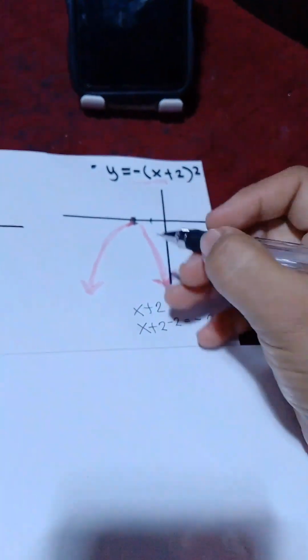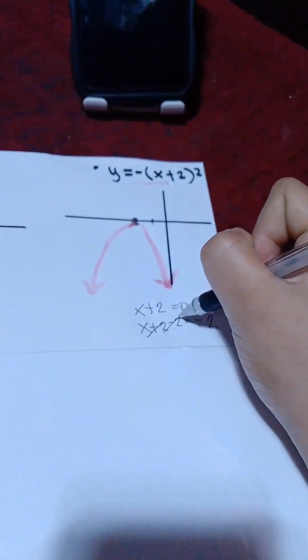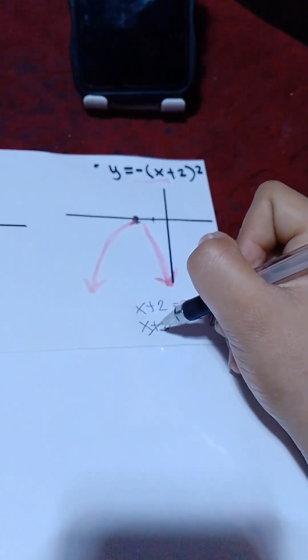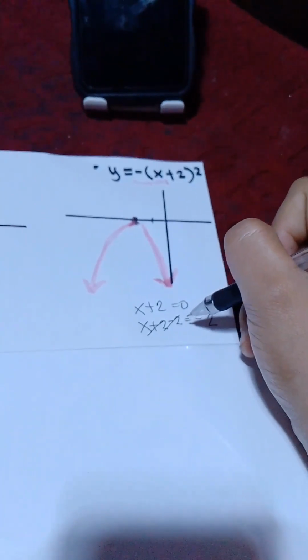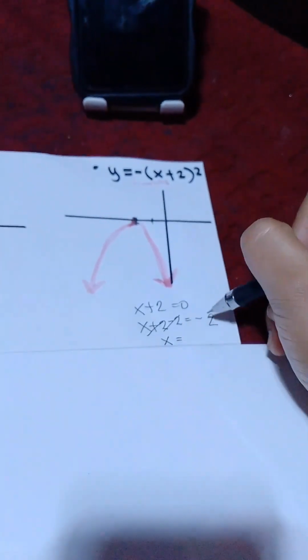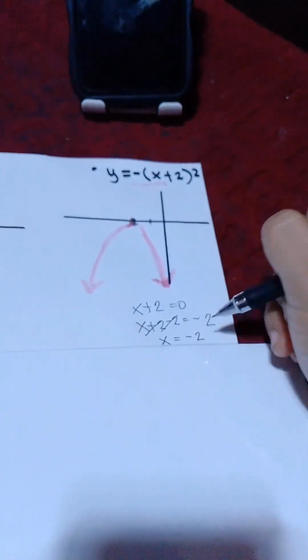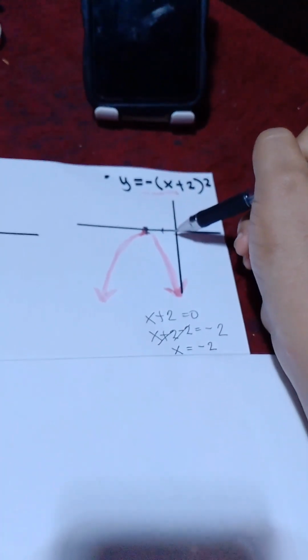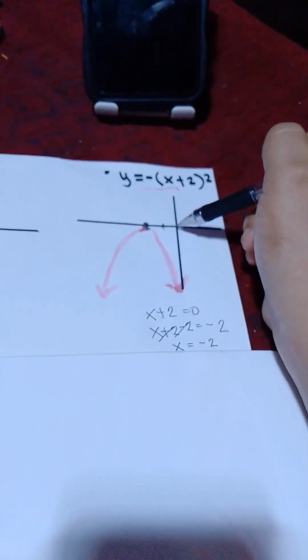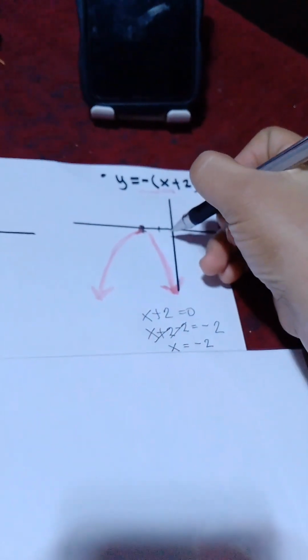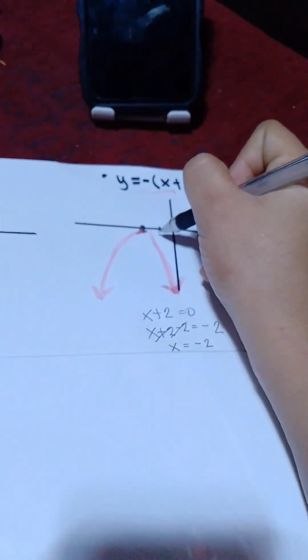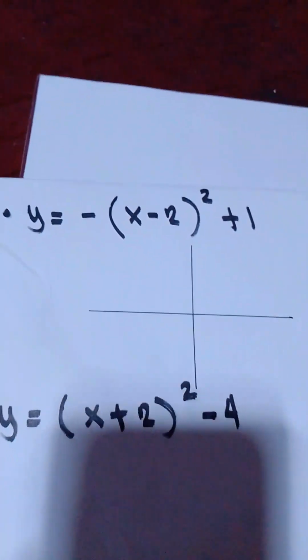So x plus 2 minus 2 is 0, and x equals what remains, negative 2. That's why you're going to move the vertex along the x-axis to the left by 2.